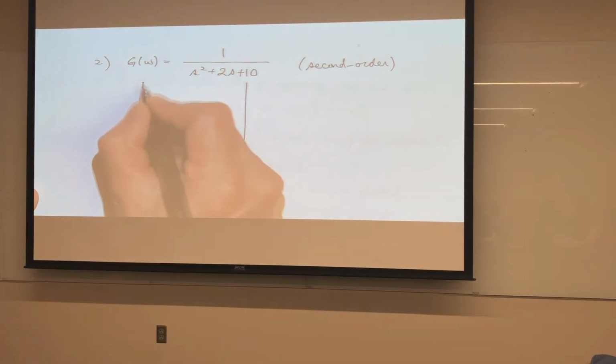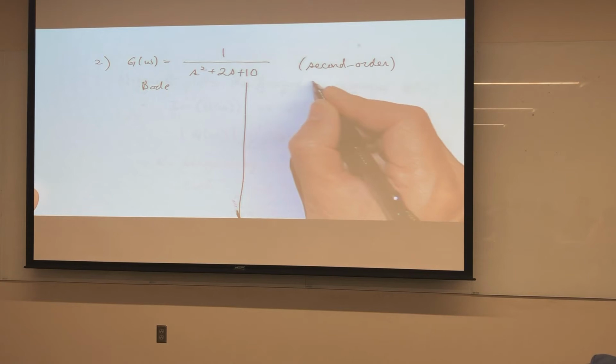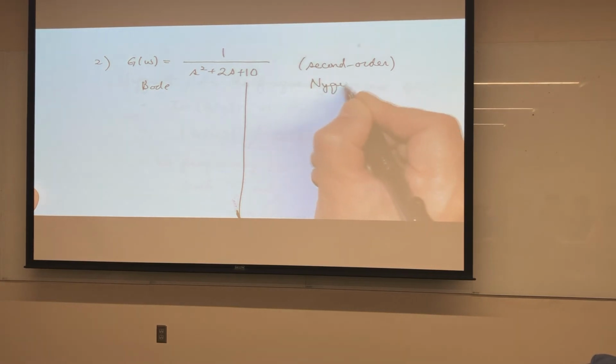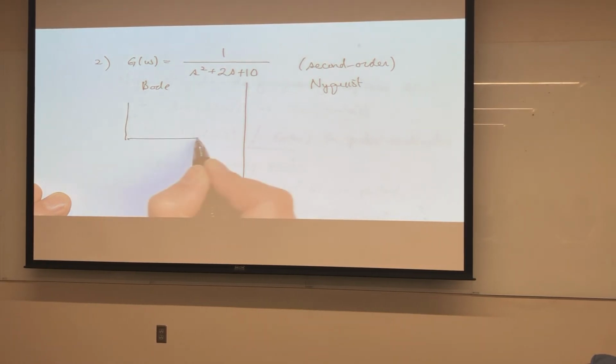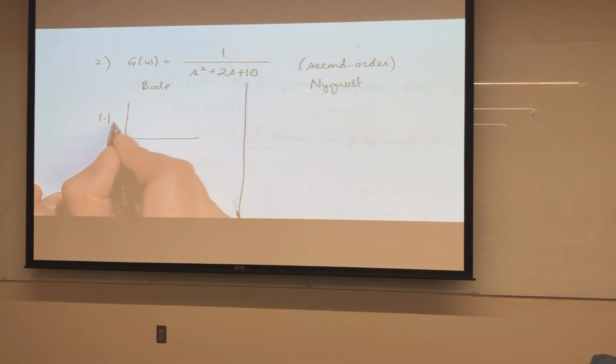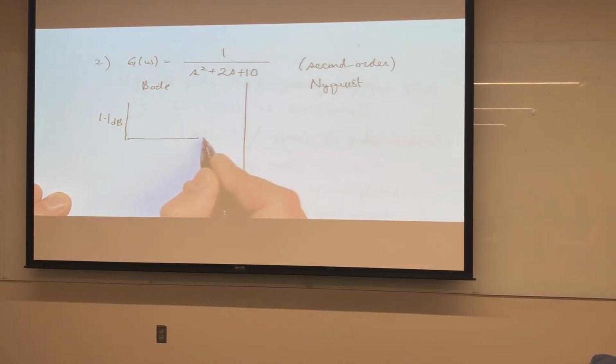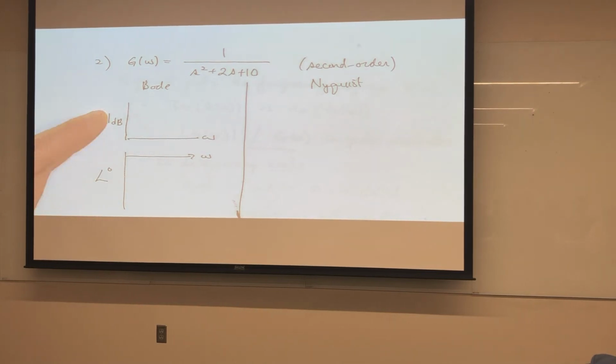We'll put the Bode over here, and we'll put the Nyquist over here. All right. The Bode diagram is 2 pictures, magnitude versus omega. And phase versus omega. Phase in degrees. 2 diagrams, 3 variables.